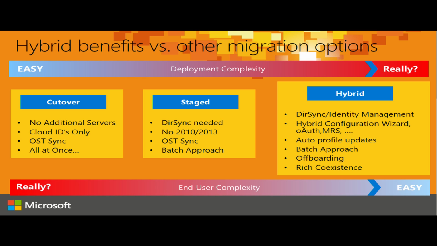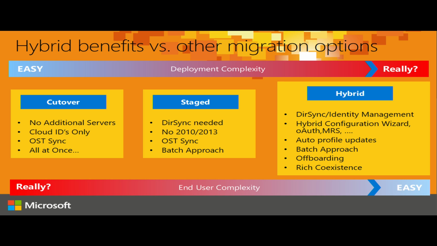You could do a batch approach, you could do offboarding as well. So similar to what we've talked about with the initial pilot users, you could move them back easily to the on-premises environment. And you've got that rich coexistence where users on-premises and in the cloud would pretty much see the same experience. They would collaborate the same way.